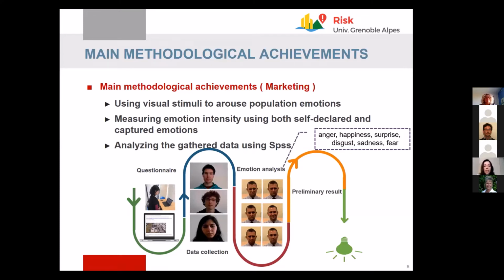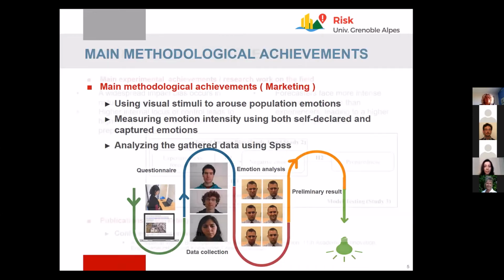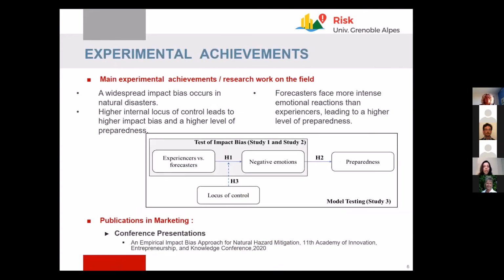So we defined 6 basic emotions and neutral, and then we analyzed the emotions of the participants and how they were prepared. So before seeing the results, I want to give you a definition here. We also measured the locus of control between the participants.